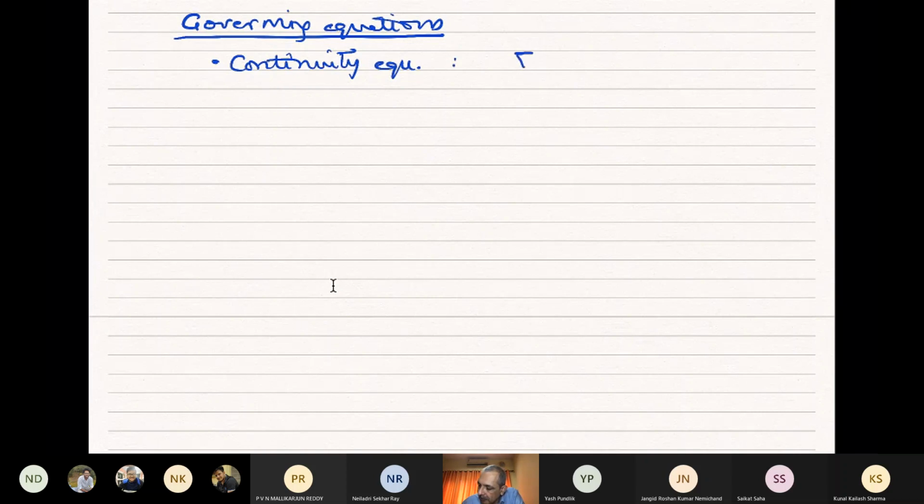And that is simply divergence of V is equal to 0. That is because, I'm going to keep making this mistake, V is the fluctuation velocity and U is the mean velocity. That's why it's divergence of U is equal to 0.